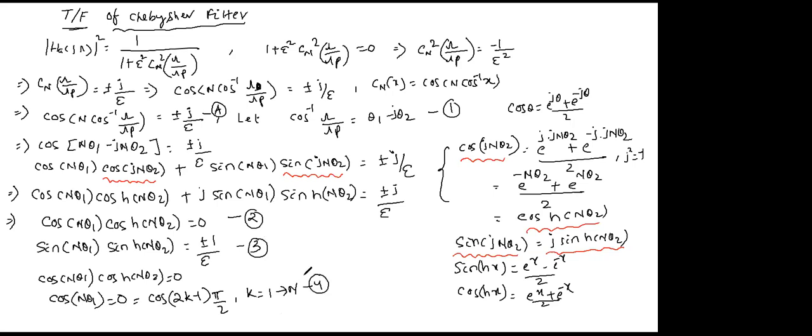Now from equation 4, cos of n theta 1 equals 0 equals cos of (2k minus 1) pi by 2.